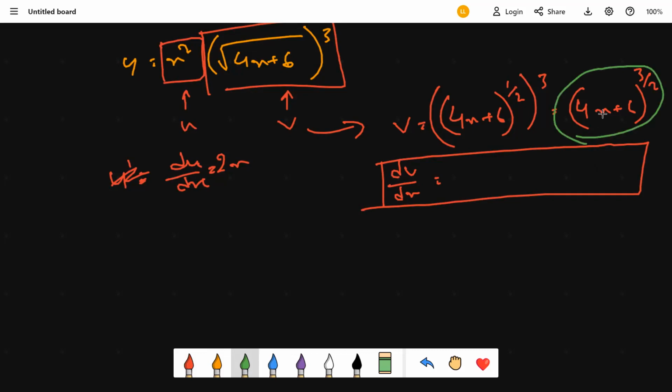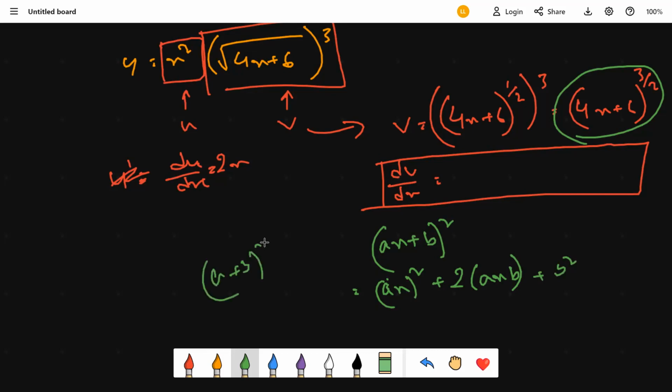Why? Because the power 3 by 2 is not only on the value x. If we have the function ax plus b whole square, we could break it as ax whole square plus 2 times ax into b plus b squared, the formula for a plus b whole square.